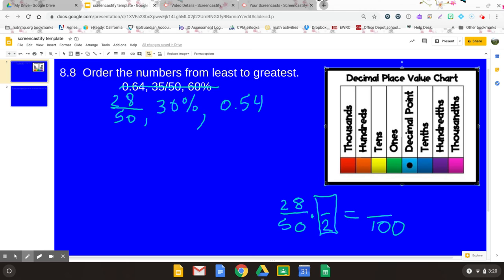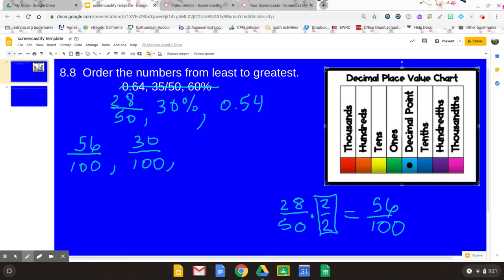And then 28 times 2 equals 56. So 28/50ths is equivalent to 56/100ths. And 30%, remember percent is per 100, so I have 30 per 100.